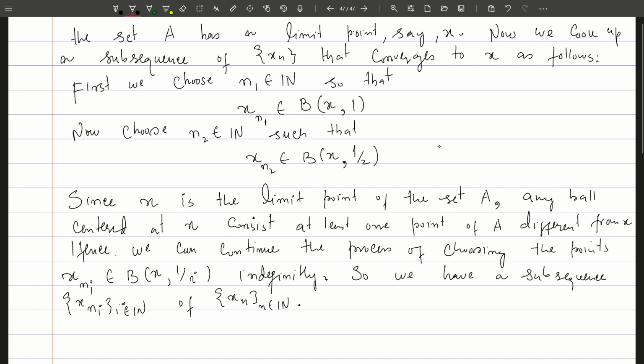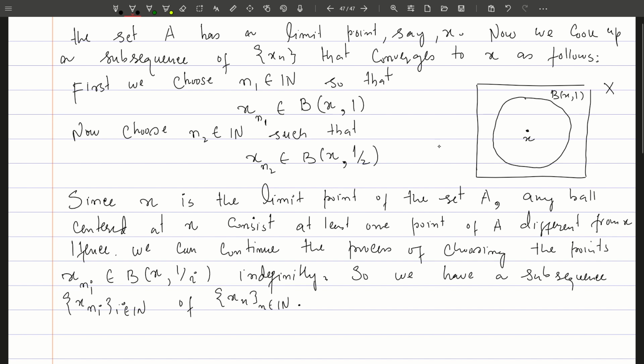So one can note here what we actually do. If this is the set X and this is the point x, first we choose a ball around this point, say the ball centered at x and radius 1. We choose a point x n1 in this ball.